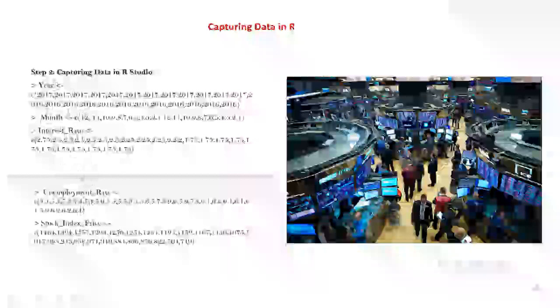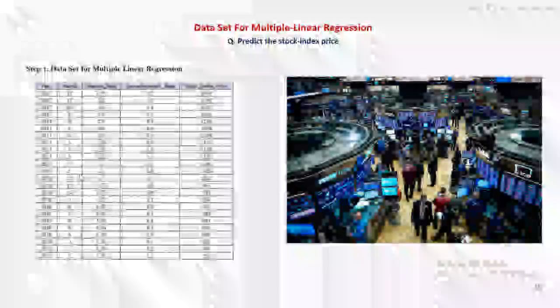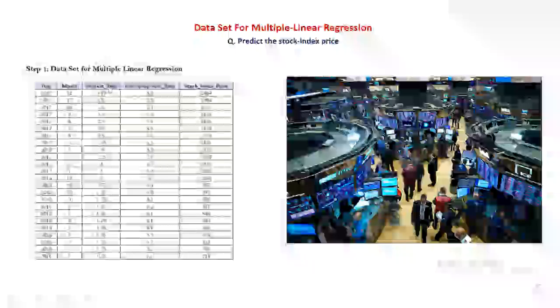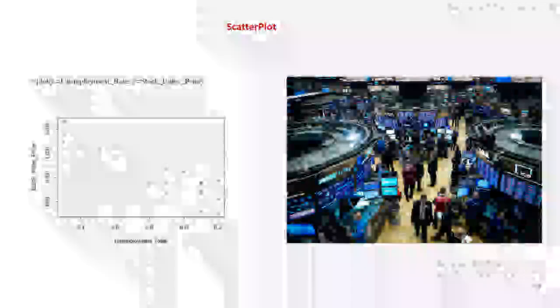It's nothing but a data frame. Previously, we had year, month, interest rate, and unemployment rate. We are assuming that these are all independent factors, and the stock price depends on them. Now we are plotting it.